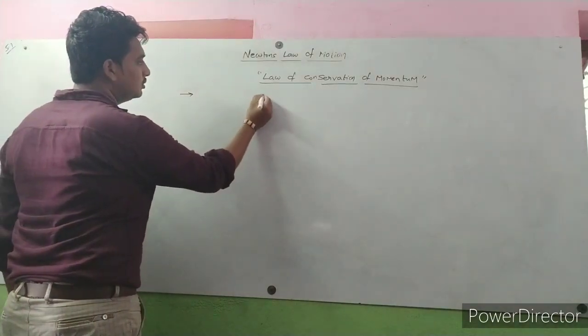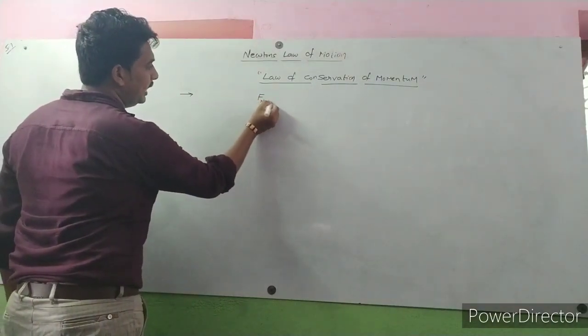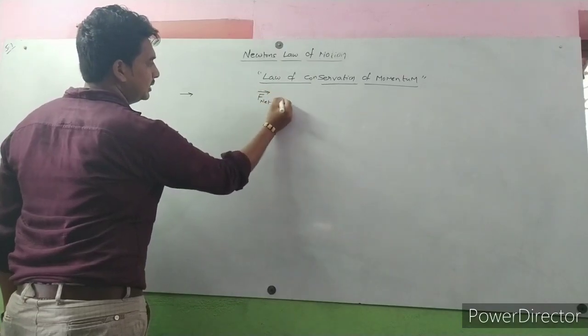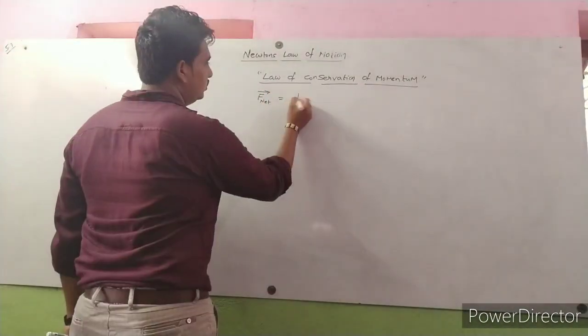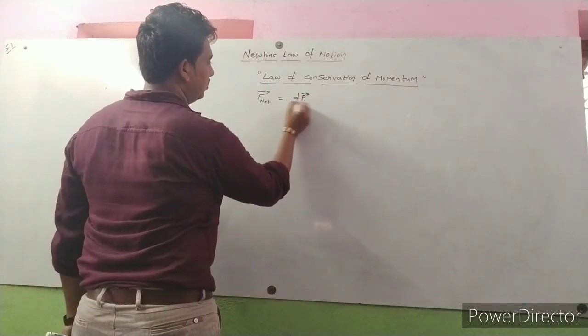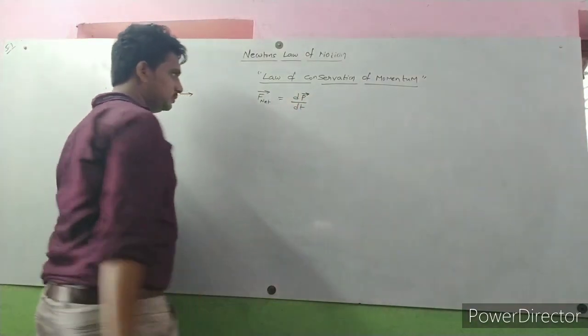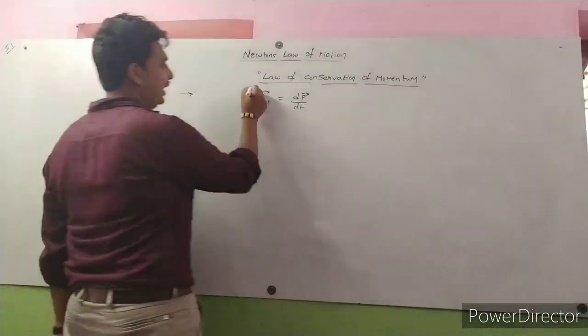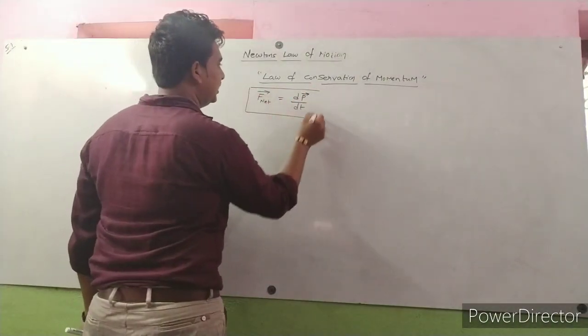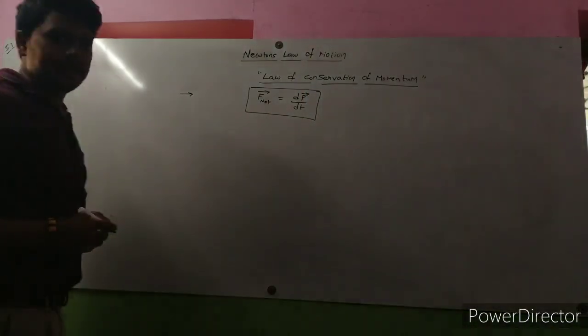So already you know F net force is equal to dP by dt. Is it or not? So according to Newton's second law, F net is equal to dP by dt.